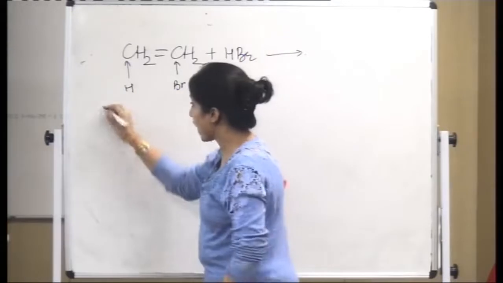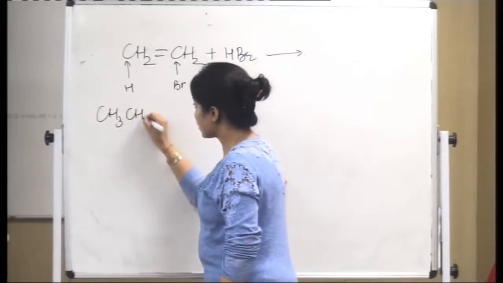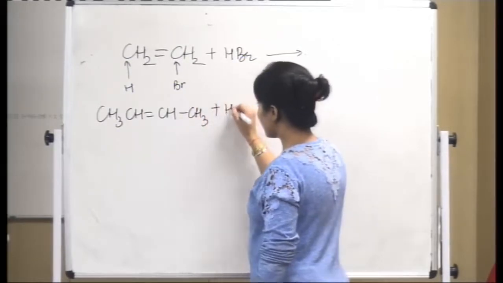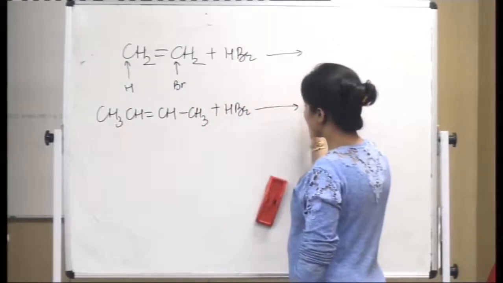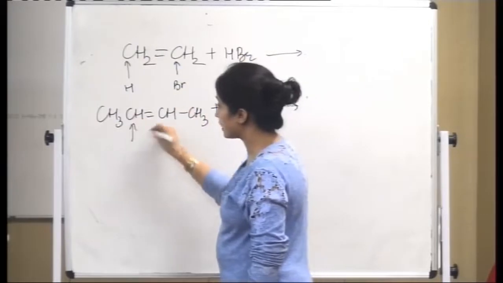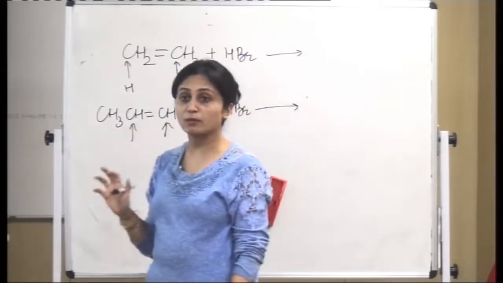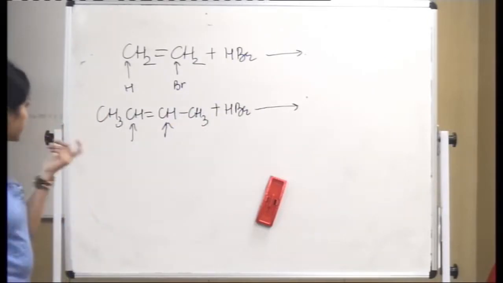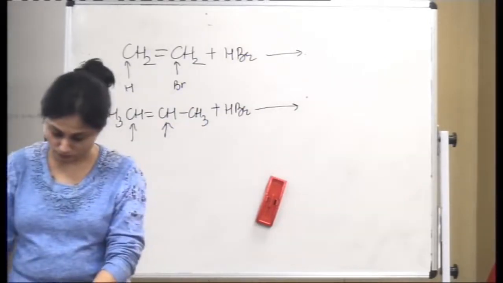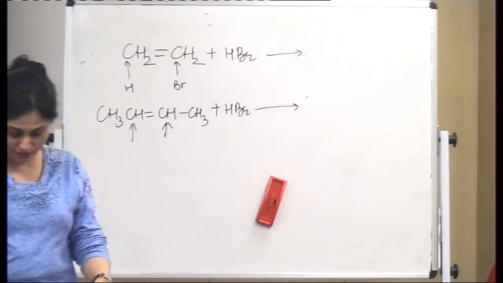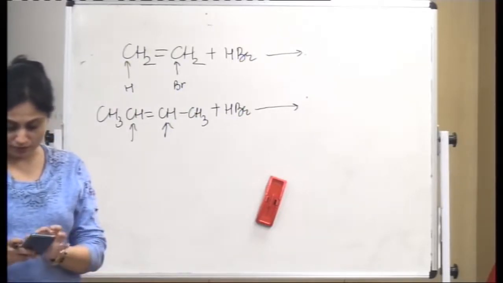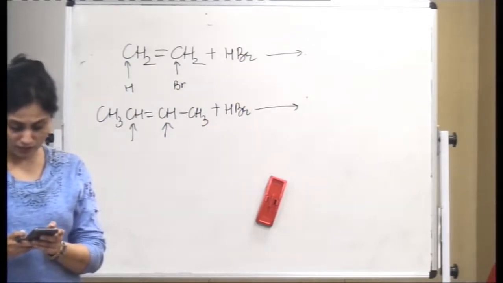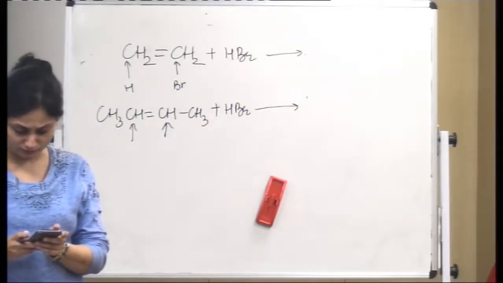So even if you have CH3, CH double bond CH, this will only undergo addition reaction around the double bond. So you can put down the products yourself. This will give you CH3, CH2Br.